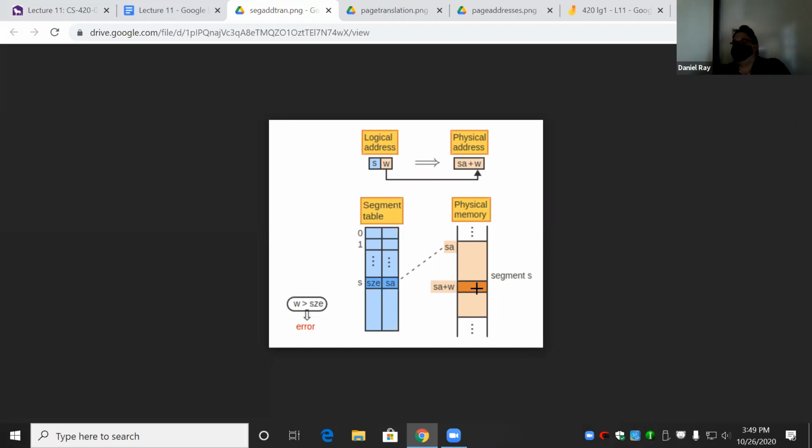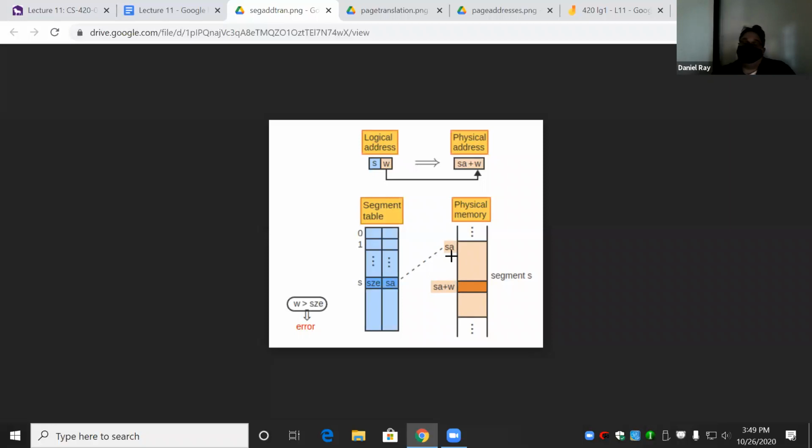The W that you give us, because of the width of a page, must necessarily be inside that page. We're not doing this addition thing where W could go past the size of the segment.